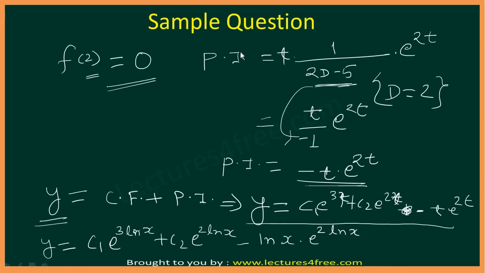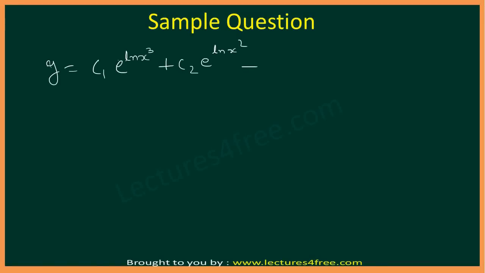So we can write it as minus log x into e to the power log x square. We can write c1 x cube, because here the base is also e.